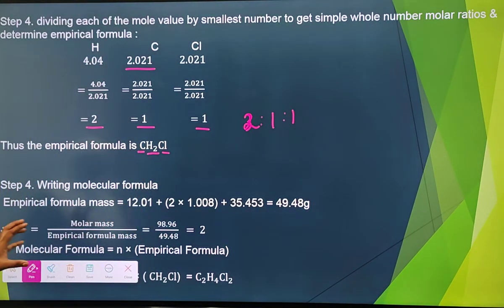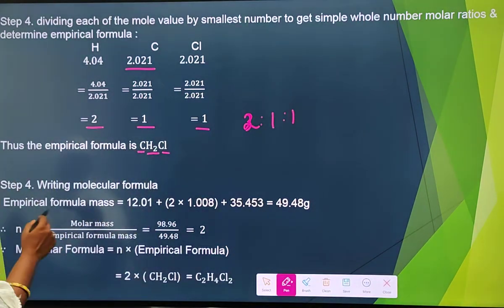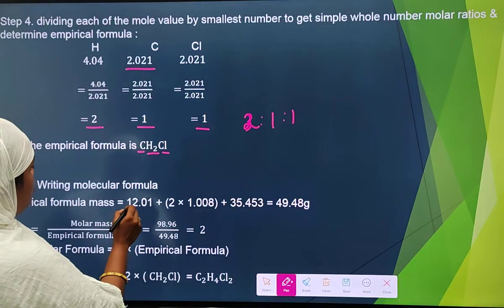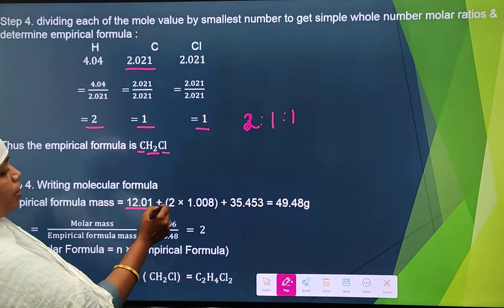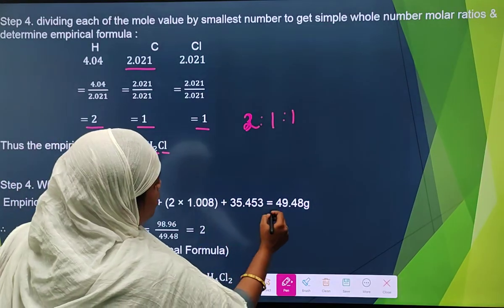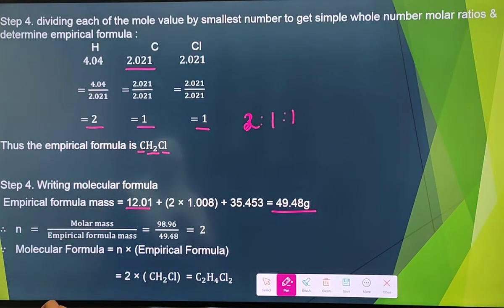Now, we have to write the molecular formula. For the empirical formula, carbon is 1, so 12, plus 2 of hydrogen plus 35.5 of chlorine, and we get a total of 49.48 grams.